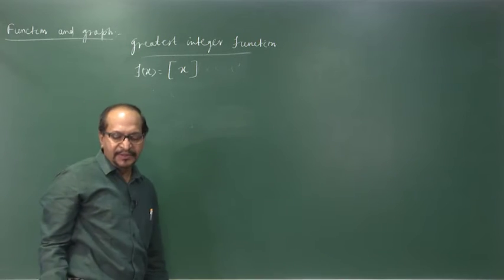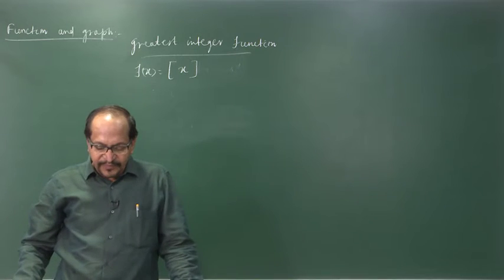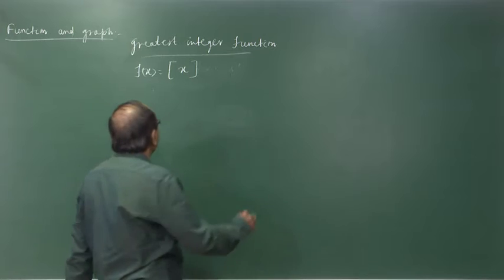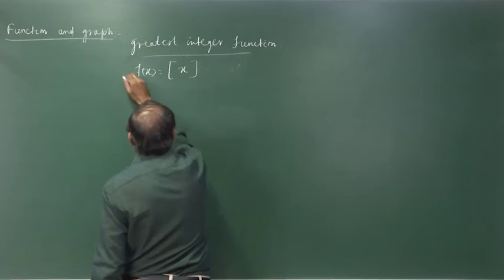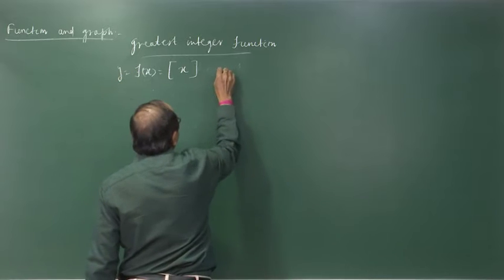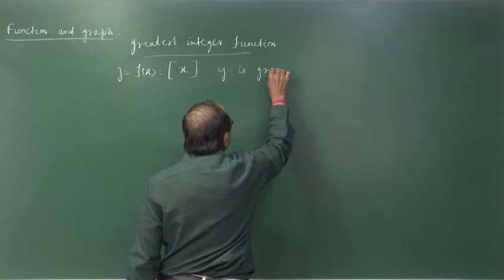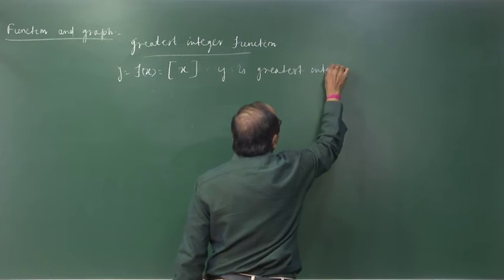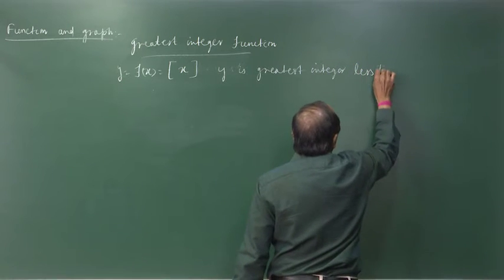That means your f of x value is the greatest integer less than or equal to x. Here y is equal to f of x, and y is the greatest integer less than x.